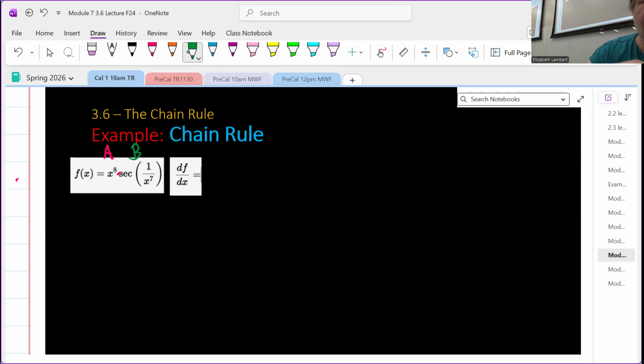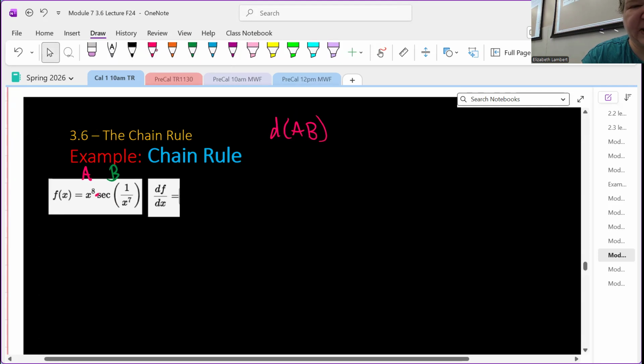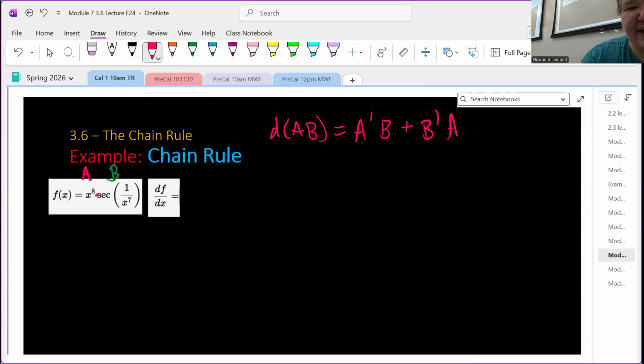So there's my A and my B. So remember our derivative of the product rule. Derivative of A times B is A prime B plus B prime A. Whichever way you want to write it, as long as you have derivative of one thing times original of the other plus derivative of other times original of the first thing.